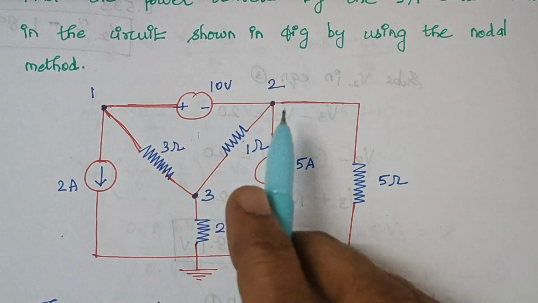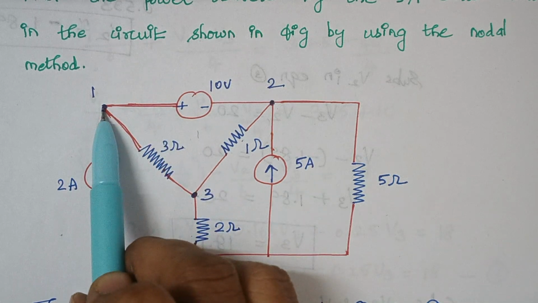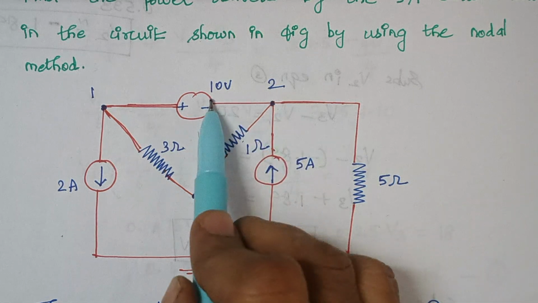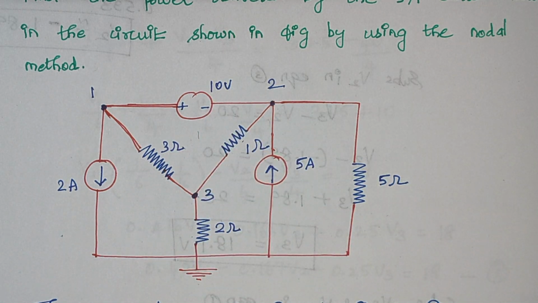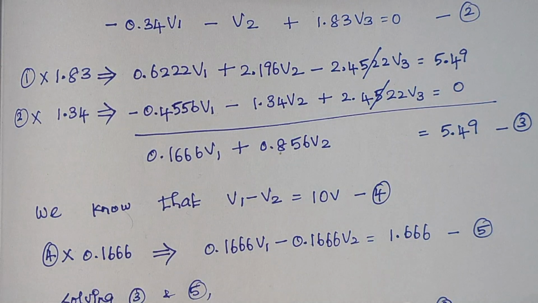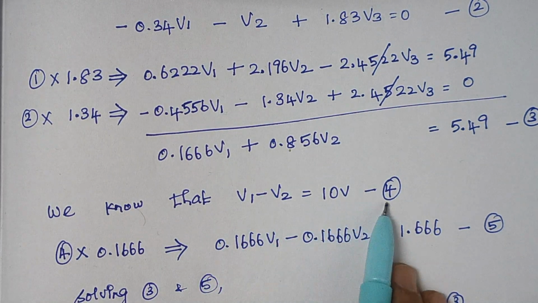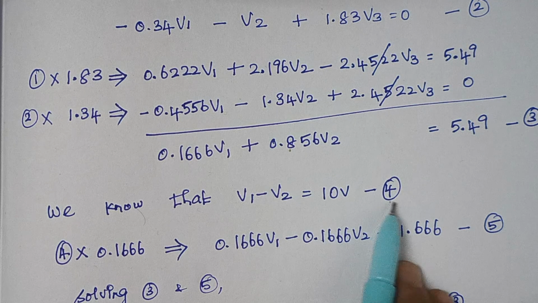Why is it so? Because the positive terminal is connected to V1. So here V1 minus V2 is equal to 10. Let this be your equation number 4.